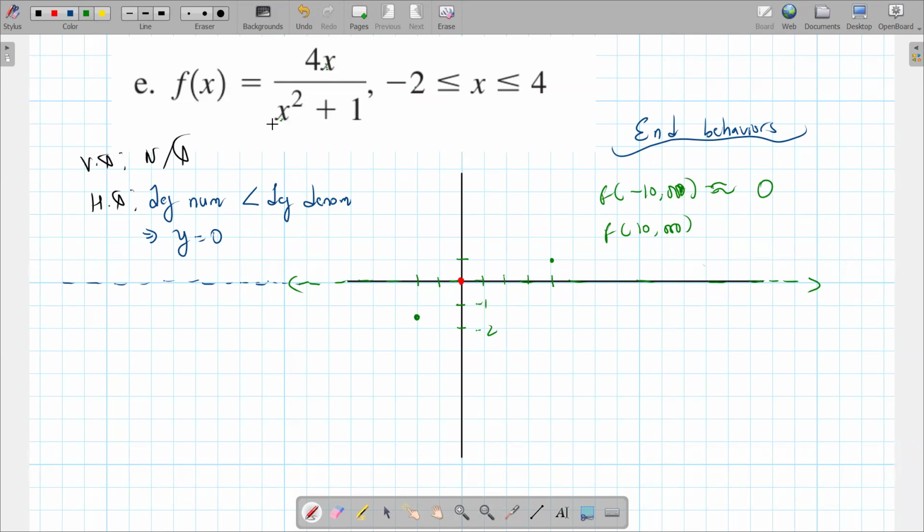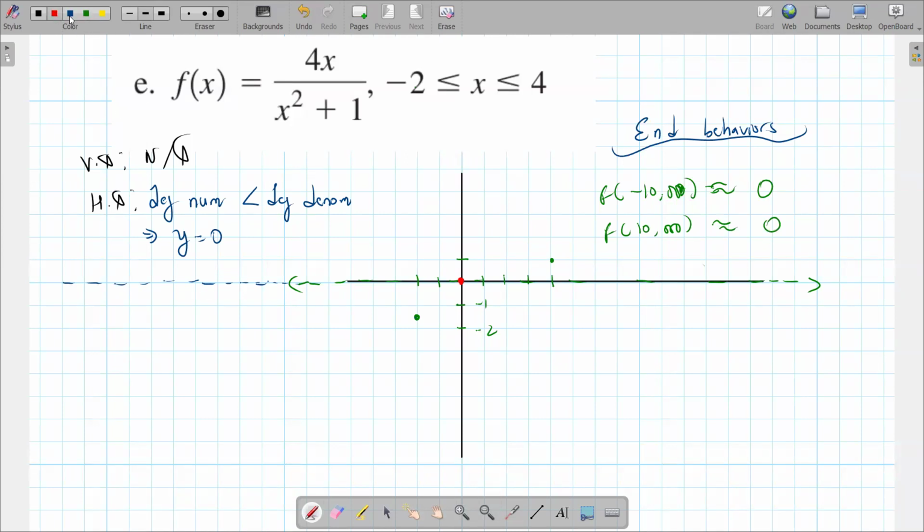So eventually the denominator will be much, much bigger than the numerator as x becomes larger and larger. You can try plugging in a big negative x value and a big positive x value. You'll see that both of them are close to 0.